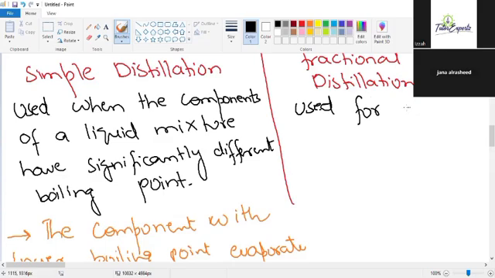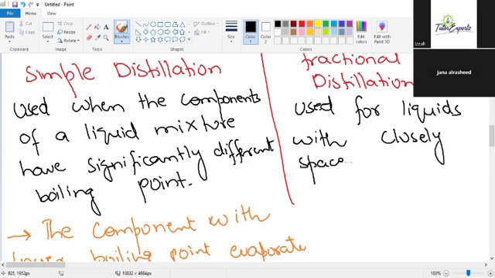Fractional distillation is used for liquids with closely spaced boiling points.